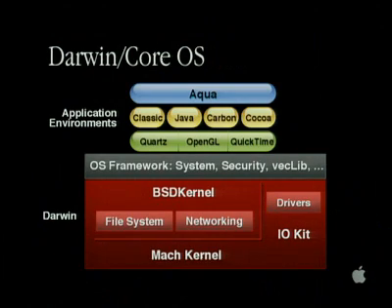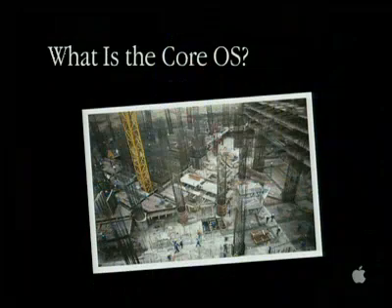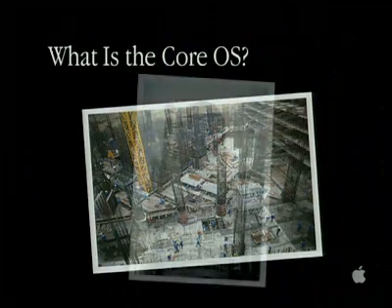We're going to spend a little bit of time in this session and give you a really brief overview of what the technologies are, although probably most of you know what those things are. But we want to spend a little bit more time and tell you a bit about what we've been doing as far as Jaguar is concerned and the kinds of services and facilities that you want to be able to take advantage of. Like I said, you really need to think of the Core OS and Darwin as really kind of the foundation of the building. Kind of all the rest of Mac OS X sits on top of it.